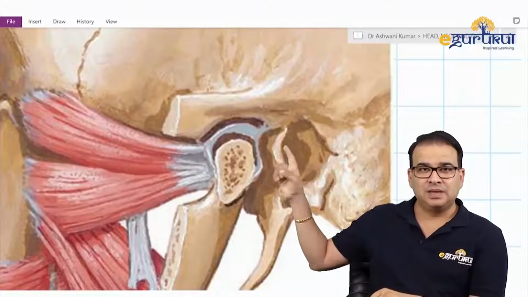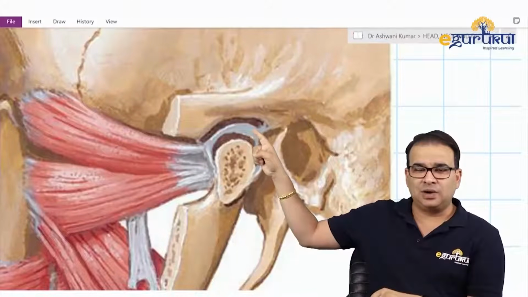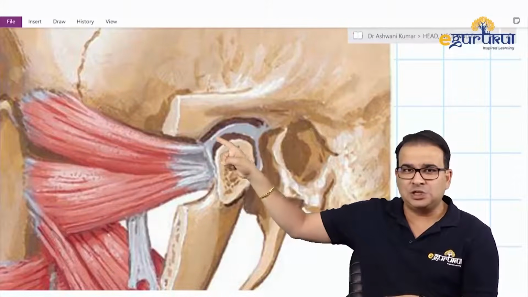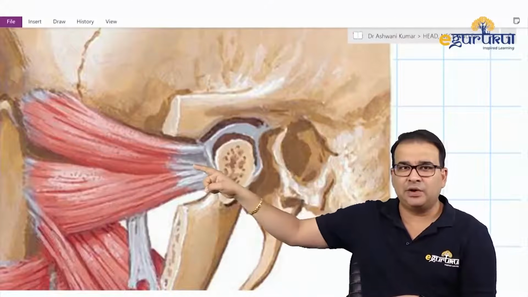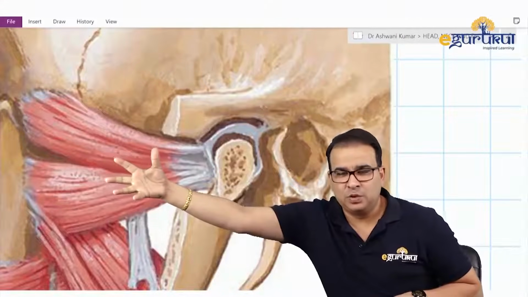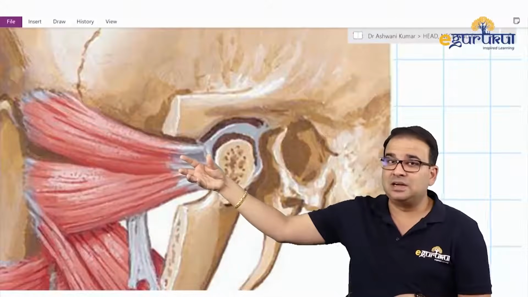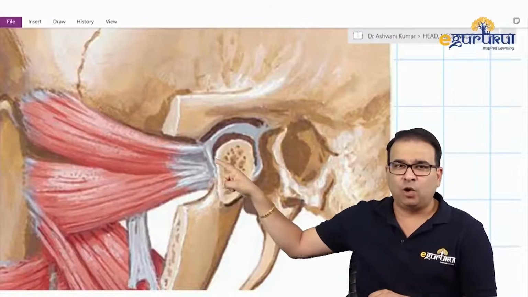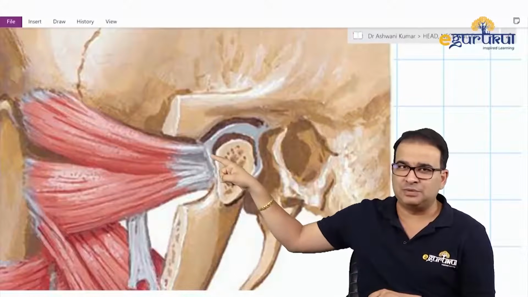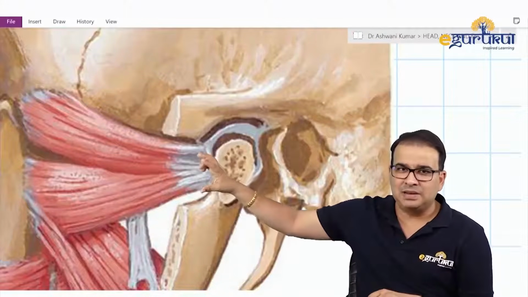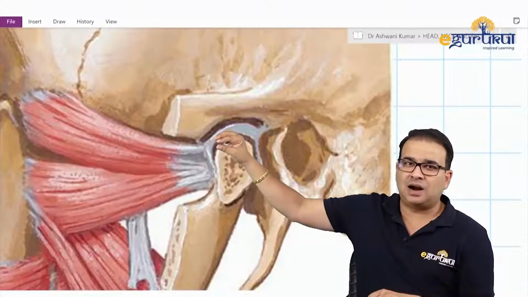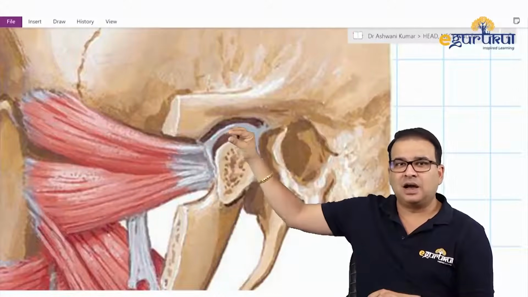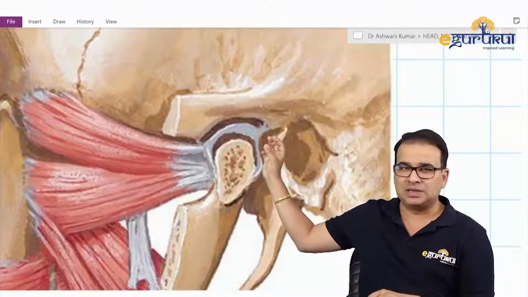Not in this case. This fibrocartilage, this articular disc, first of all, is an extension of the tendon of the lateral pterygoid. That's the lateral pterygoid muscle which is coming backward and is inserted to the neck of the mandible, there is a fossa here called the pterygoid fovea, and also to the anterior part of the capsule of the TMJ. And the same tendons, the degenerated tendon of this lateral pterygoid muscle, are forming this disc called the articular disc.